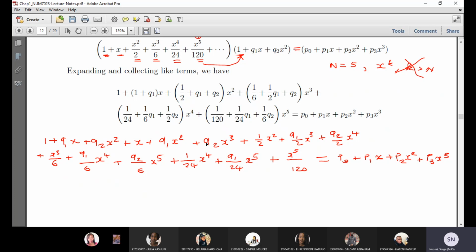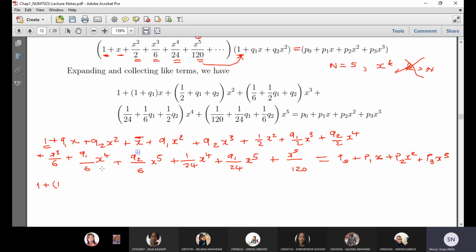Okay, it's fine. Now, I will group all these terms from the constant term. Okay, the constant term is only 1. There's one constant term, which is 1, this one. Now, I look at all the coefficients of x. So the coefficient of x, I have this x.